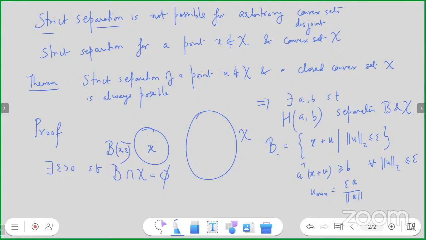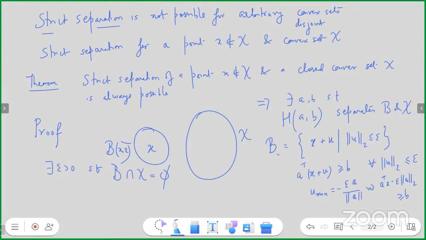It should be a minus. A transpose X is greater than or equal to B. So this implies A transpose X is greater than or equal to B plus minus epsilon norm of A, which is greater than or equal to B. Just putting it back.